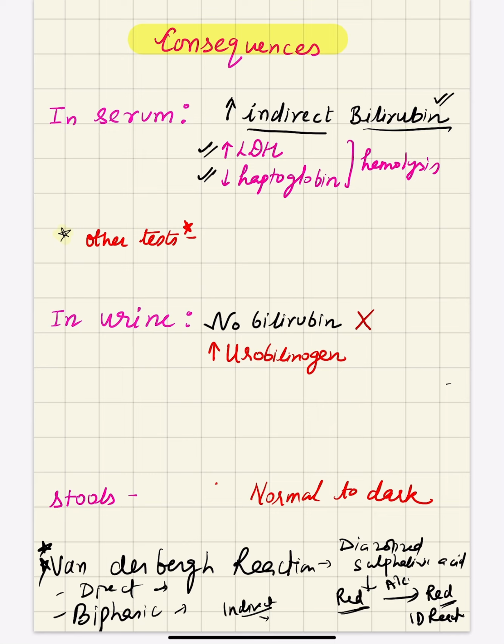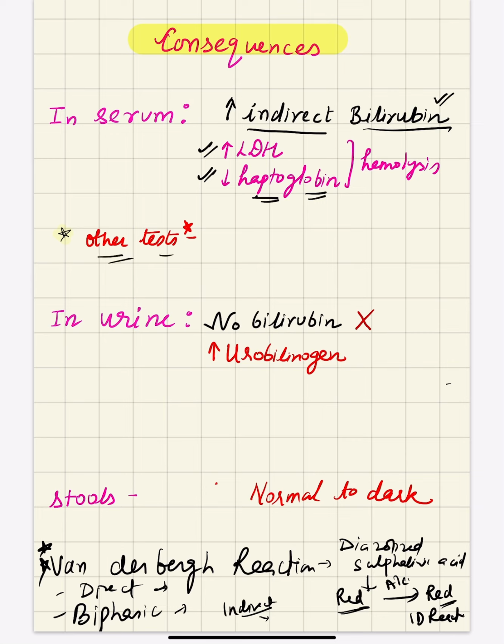That heme, when it gets increased, is bound to the haptoglobin. So in case of hemolytic jaundice, the haptoglobin gets used up and its levels are decreased in case of intravascular hemolysis. So these tests can be done in the serum and we can get an idea that there is indirect bilirubin in the serum and the cause can be hemolysis.